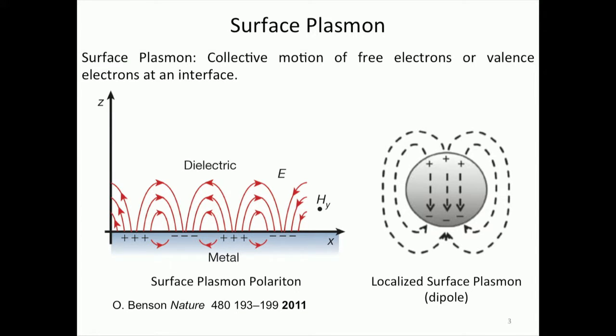Another kind of plasmon would be a localized surface plasmon here on the right. And in here we have a dipole. There's a dipole induced by light or electrons. And these don't propagate, they stay and keep oscillating in particles. These are the most common surface plasmons in condensed matter.